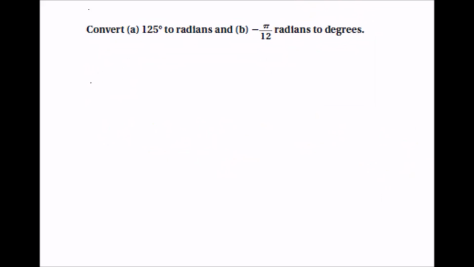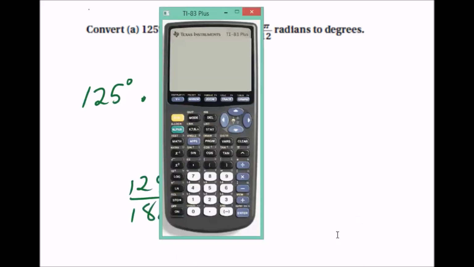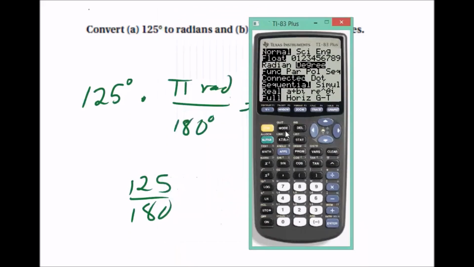We want to convert 125 degrees to radians. We're going to multiply that by pi radians over 180 degrees. And we're going to get whatever 125 over 180 is. We're going to have to simplify that down, or we can use the calculator to find a fraction. Let's go ahead and do that as well, just so you guys have both answers ready.